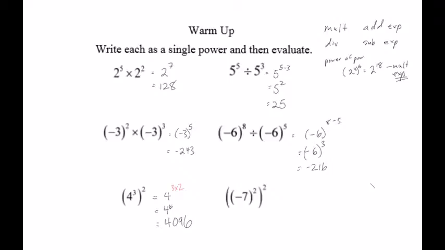Try the next one on your own. Okay, here we go. Now, we write -7 raised to the 2 times 2, because both of those exponents are 2. And then what ends up being -7 all raised to the 4, which calculates, when we punch it in our calculator, 2,401.